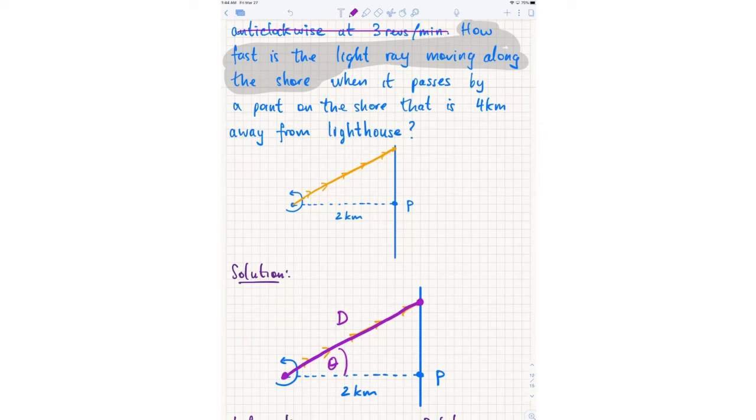Now let's ask: if the answer to the question, how fast is the light ray moving along the shore, would that be dD/dt?